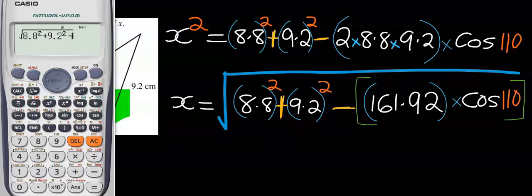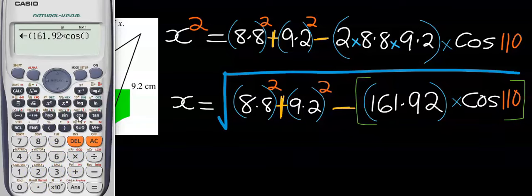This is where you need to be careful, because the minus will affect everything inside this bracket. 2 multiply 8.8 multiply 9.2 give us 161.92. Next, still inside the bracket, we're going to multiply this with cosine.